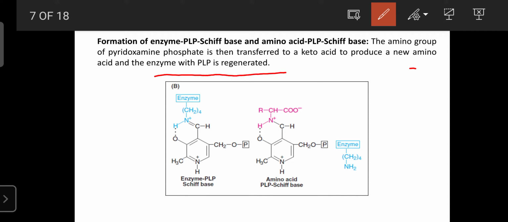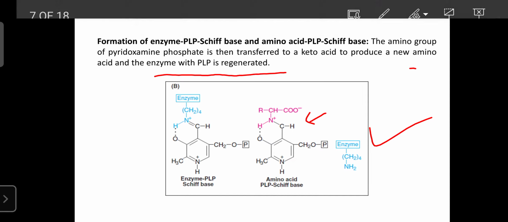So the pyridoxal phosphate can occupy the amino group, then it can transport the amino group. Then the enzyme was separated, and the transamination reaction was finished. So like that, another hidden step is present in the transamination reactions along with the step 1 and step 2 reactions.